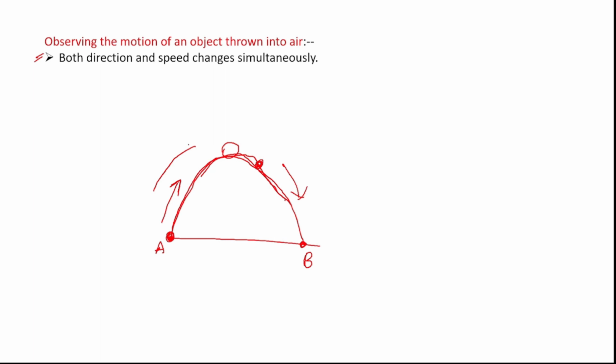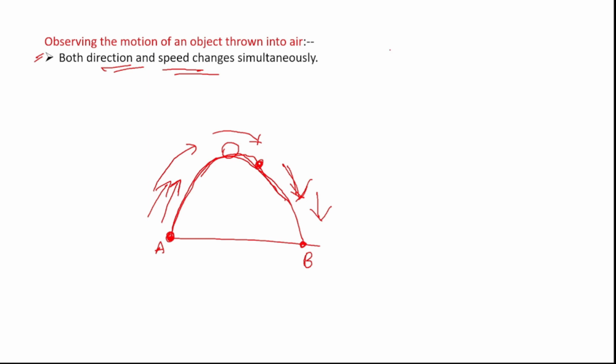First it is traveling like this, again in this way, again it is coming in this way. So the direction is changing as well as the speed of the stone. In the upward slope it is somewhat slow compared to the speed in the downward slope. So what is happening in this situation? Both direction and speed change simultaneously, that is both are changing at a time.